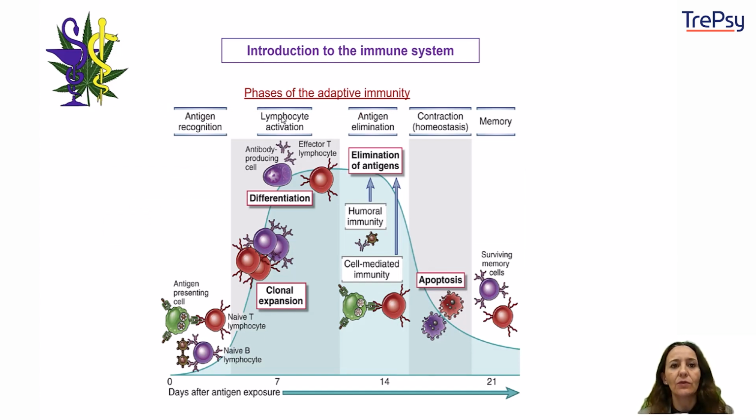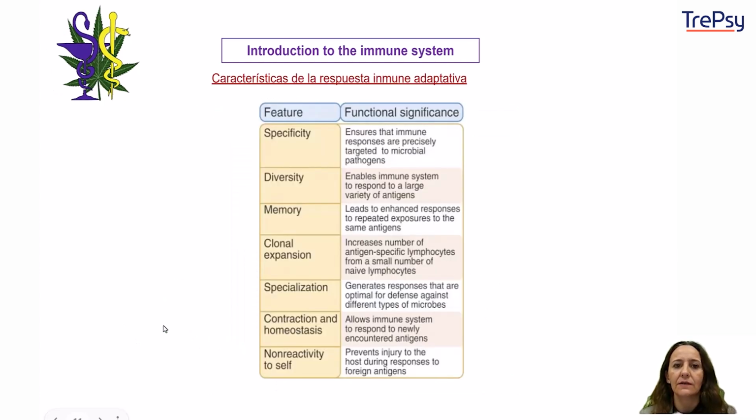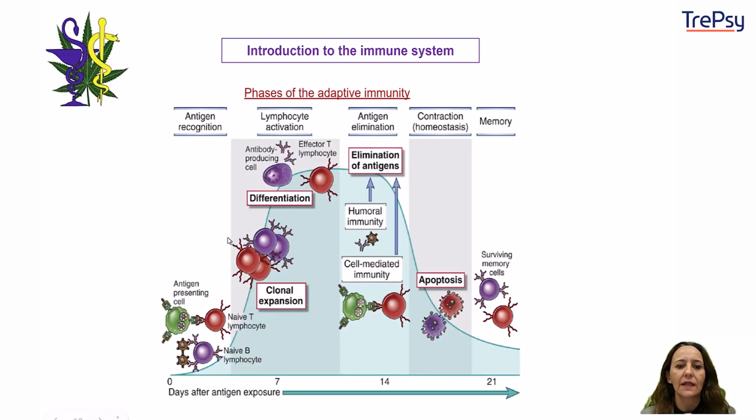So when we have a look at the different phases of the adaptive immunity, we can see that, first of all, our immune system has to recognize the pathogen. They specifically recognize the pathogen. Then they are cloned, differentiated to give rise to a phase of activation of all the lymphocytes.